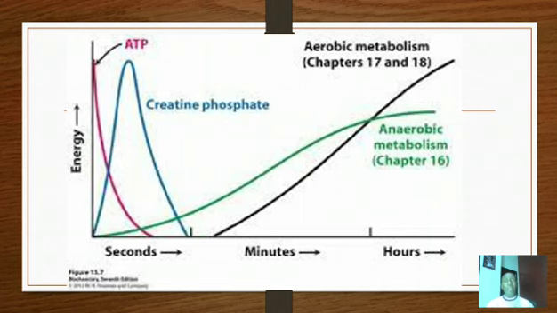That is why we see that aerobic respiration yields more energy than anaerobic respiration, while creatine phosphate yields as much energy as the energy yielded in aerobic respiration from ATP.